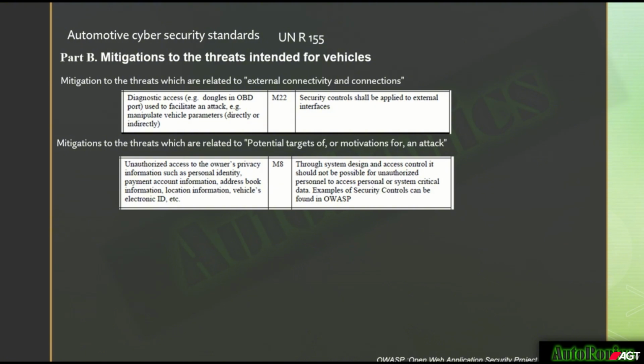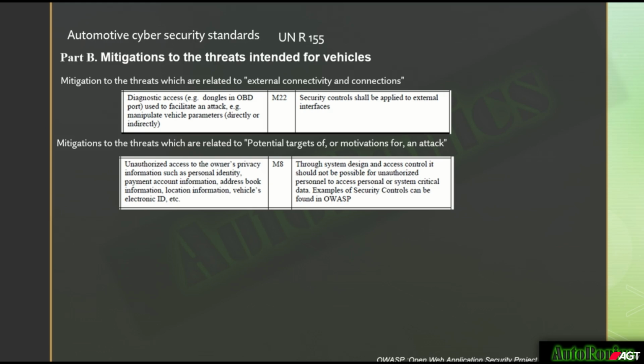Then mitigations to the threats which are related to potential targets of or motivations for an attack. Example, unauthorized access to the owner's privacy information such as personal identification, payment account information, address book information, location information, vehicle's electronic ID, et cetera, because these are all the data which are commonly available nowadays in the vehicles for the user's comfort, but in the same way these data are a threat to the users.